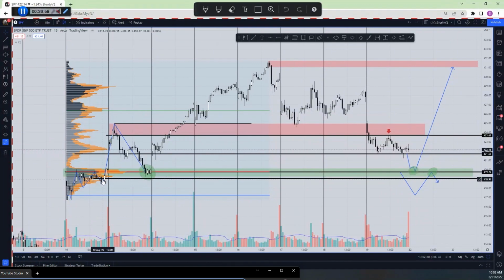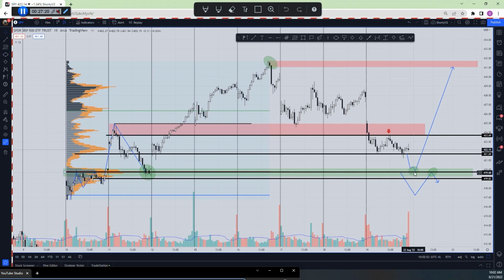The problem is a lot of people get in here, and then they get these little candles up here. They get washed out, and then boom, you get the major run now. Because what retail does is they play as retail. They go on their emotions, and they will look to short here. But this guy that shorted here, as you guys know, was heavy short.